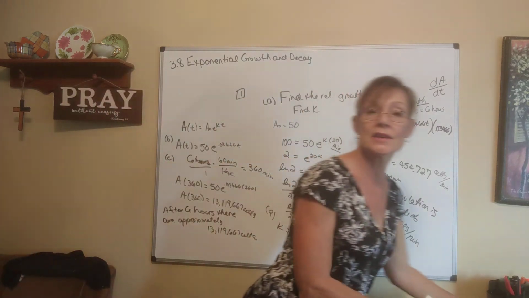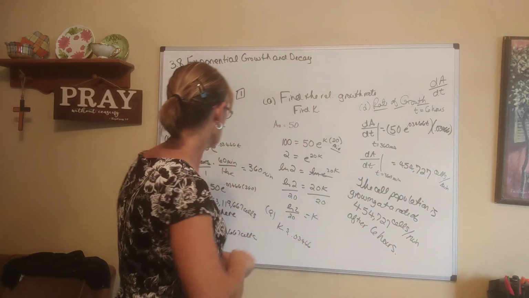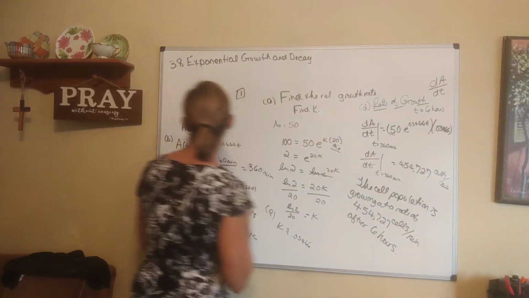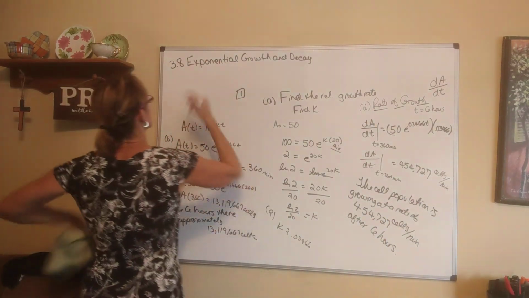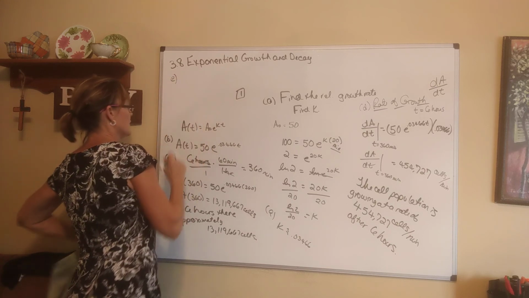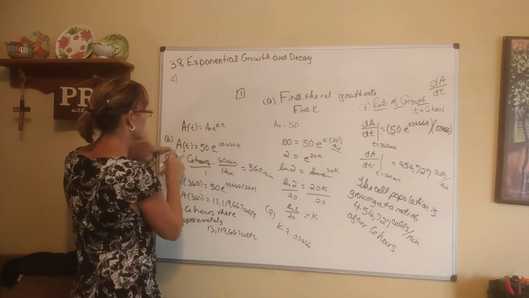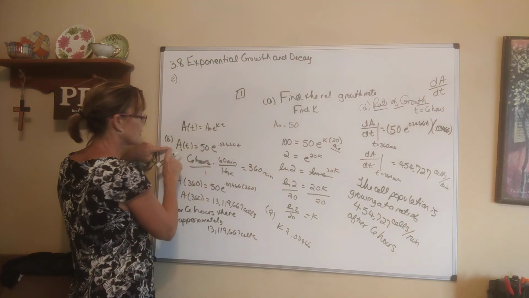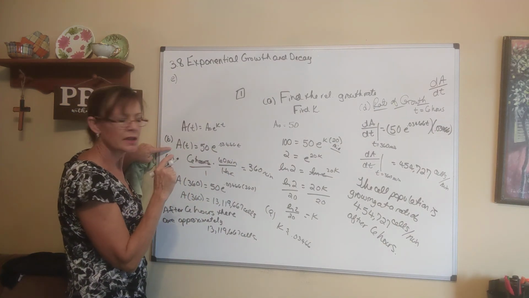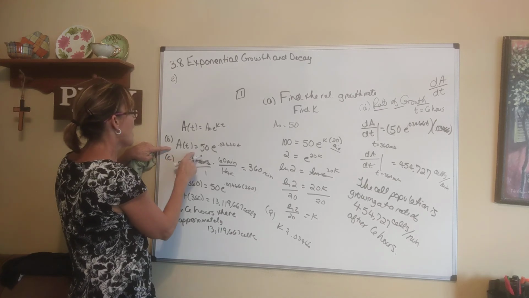Okay, and then let's finally do part E. When will the population reach 1 million cells? So let's do part E here. Here is my equation. What is t is what we're after. Sorry, that's my dog playing. He's making weird noises.